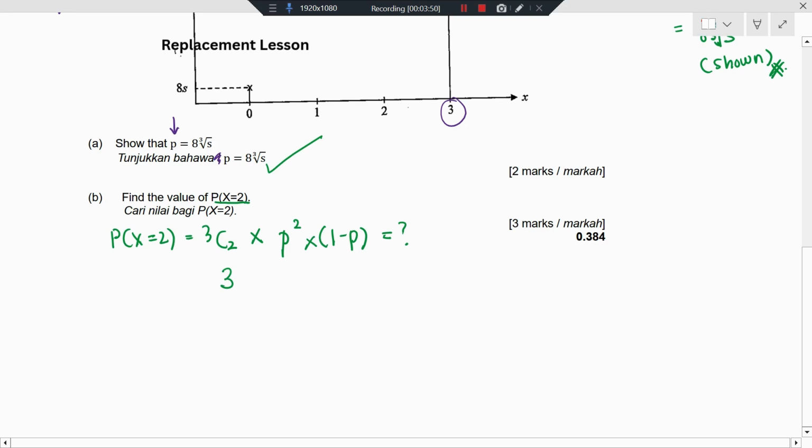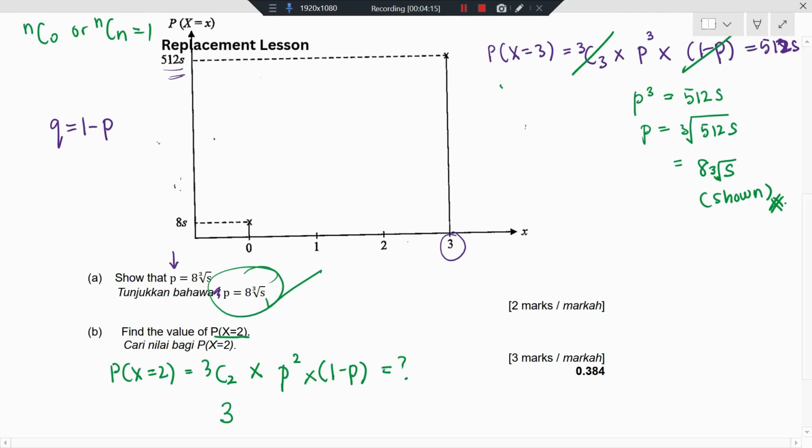You can use your calculator to evaluate 3C2, and maybe we expand this first before we substitute the p value that we found here. We have something to substitute, but it will still lead to another variable s. So maybe we try to use this 8s.